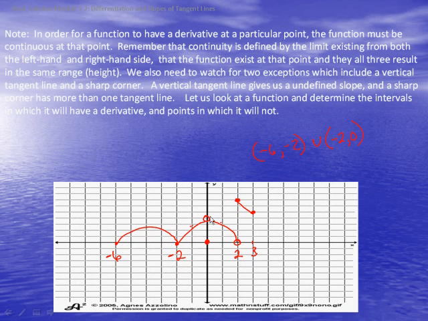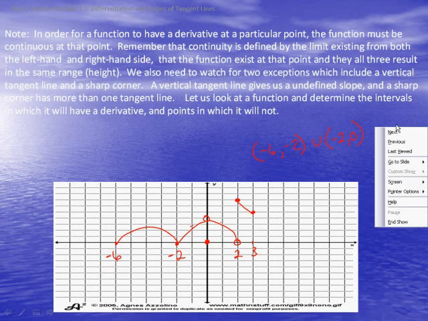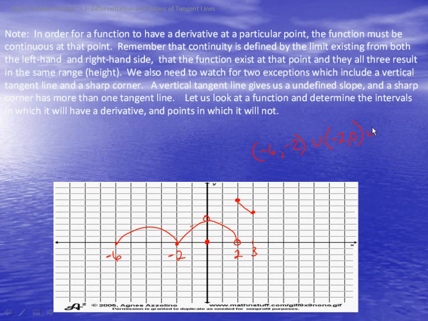Okay, and then we have another area in which we'll have a derivative, and that is going to be from 0 to 2, not including 0 or 2 again, because obviously 0 we talked about just a second ago, and 2 you've got an open endpoint there, and so infinite number of tangents can be drawn.